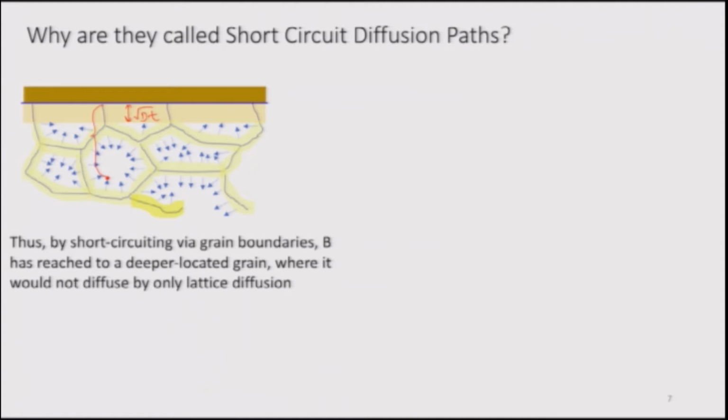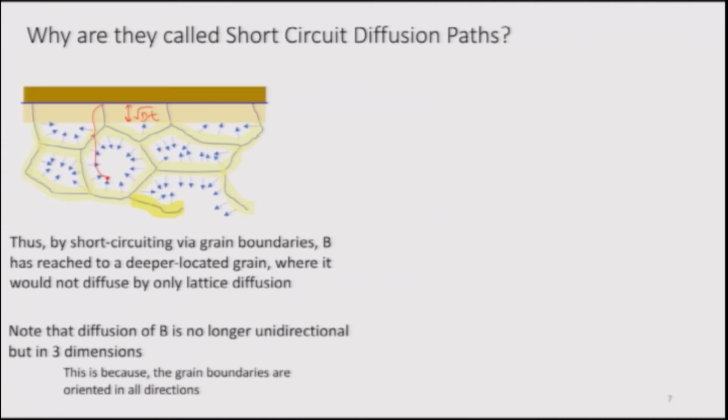But now because of the grain boundaries, this point sees this diffusion here. Thus, by short circuiting via grain boundaries, solute B has reached a deeper located grain where it would not diffuse by only lattice diffusion, and that is why these paths are called short circuit diffusion paths.